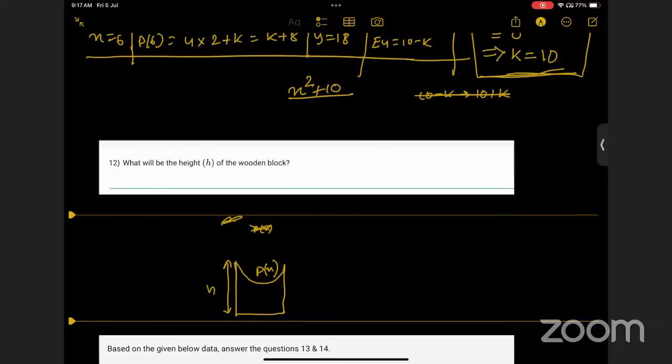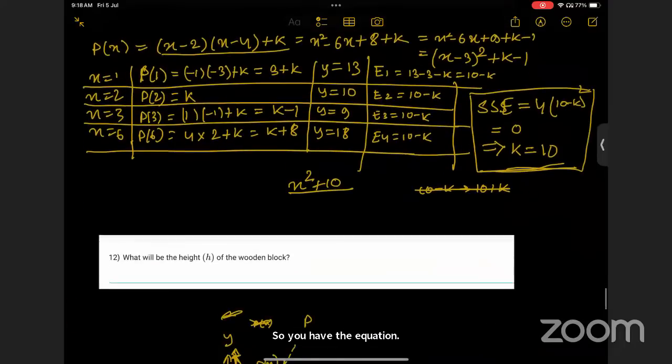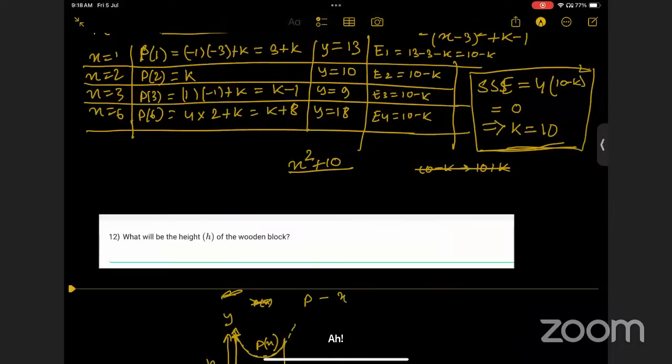Here we can consider this as the x-axis and this as our y-axis, right? And here we have the equation of a parabola. Then we can find the y-intercept, and this y-intercept will be the height. So you have the equation y equals (x minus 3) squared plus 10 minus 1, that is (x minus 3) squared plus 9.